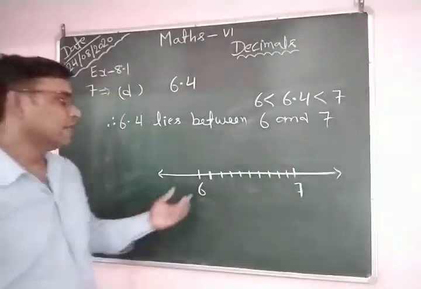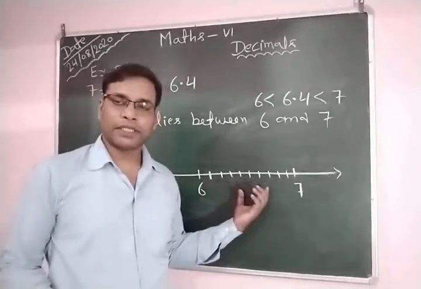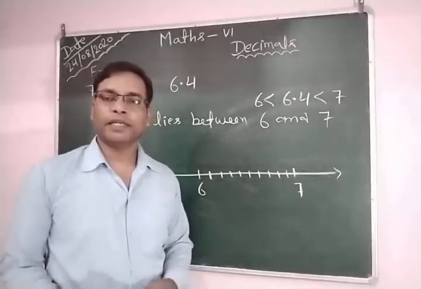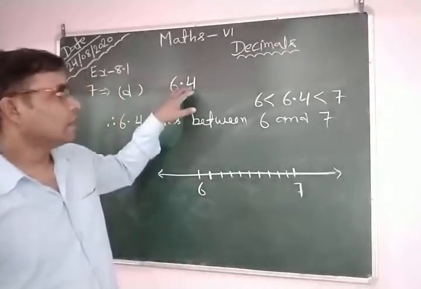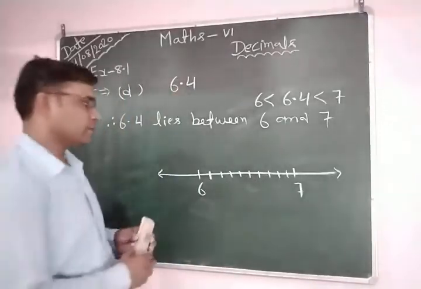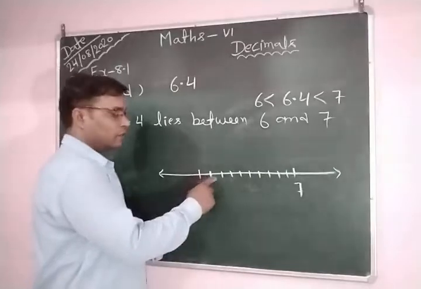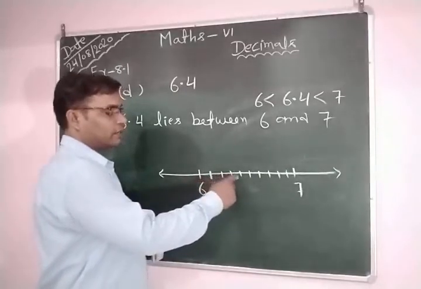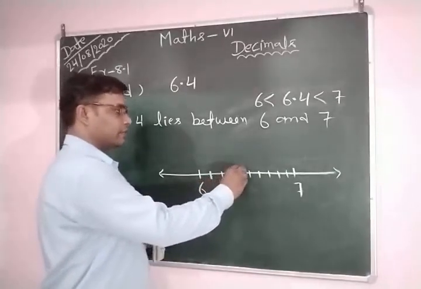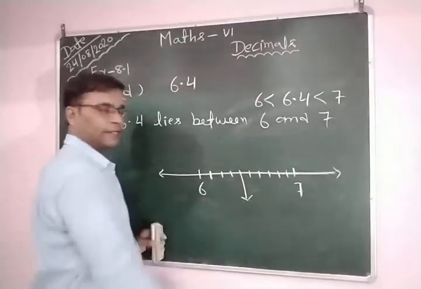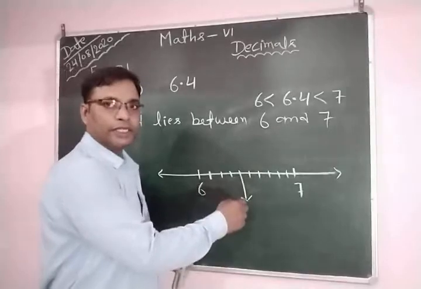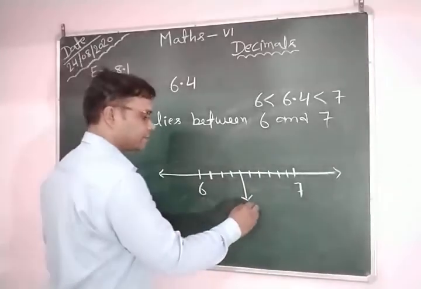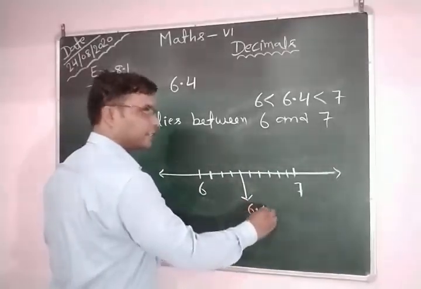We divide the distance between 6 and 7 into 10 equal parts, and we take 4 parts. So 1 part, 2 part, 3 part, 4 part. This arrow represents 6.4.